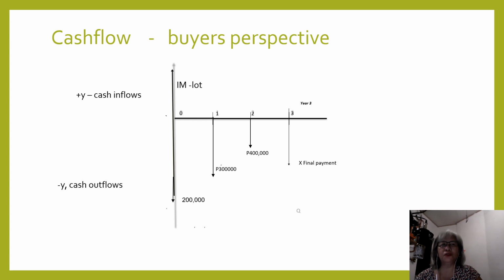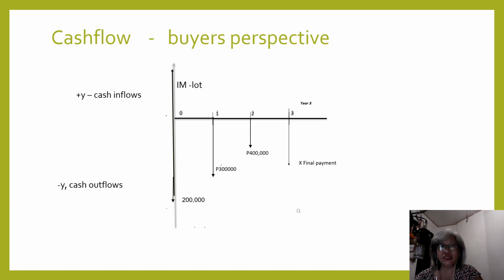First, we will show the cash flow of the problem. I will show the cash flow using the buyer's perspective. So the positive y is the cash inflow and the negative y is the cash outflow. From the buyer's perspective, he will receive the lot, the right to use the lot, which is worth 1 million.